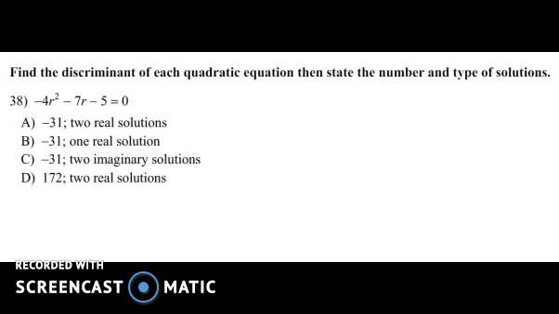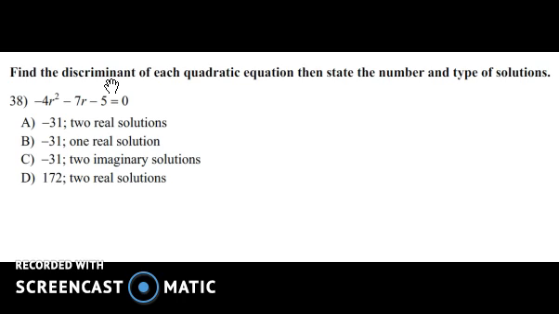Okay, so for our next question, it says to find the discriminant, then state the number and type of solutions. The way I introduced this type of problem to you guys is I told you to tell me how many x-intercepts there are. And we can do that by looking underneath the square root, which is known as the discriminant.